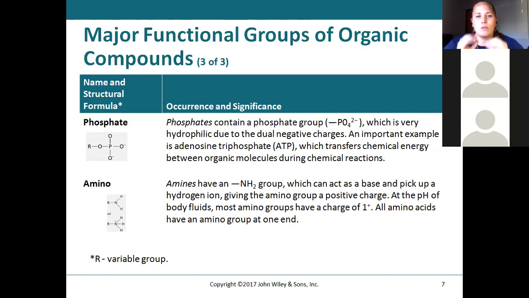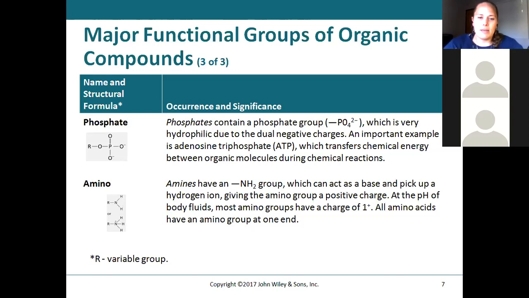There are three phosphate groups attached to an adenosine, and each one of those phosphate groups holds energy in its bond. We'll talk about that a little bit later. When each one of those bonds is broken, energy is released. So adenosine triphosphate is the highest energy form of that molecule. And then if you lose a phosphate group, energy has been released, and you have adenosine diphosphate, meaning two.